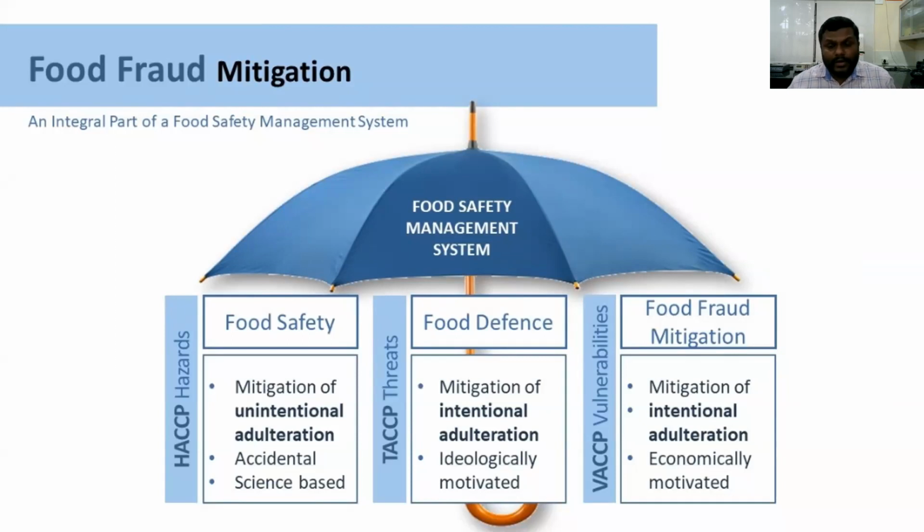We have intentional adulteration by two methods: it can be ideologically motivated, or it can be economically motivated. There is a great chance of ideologically motivated issues, for example to defame some company, or using social media to take revenge against a company by their own previous staff.